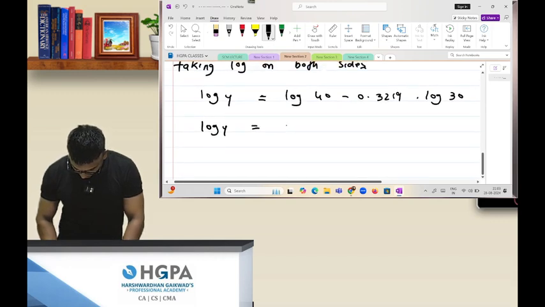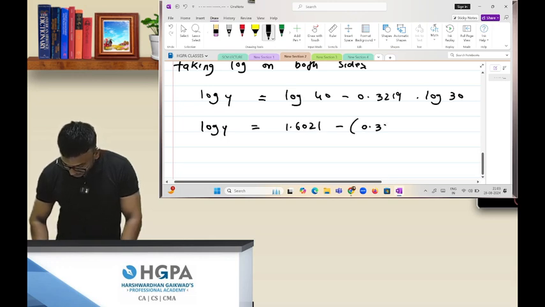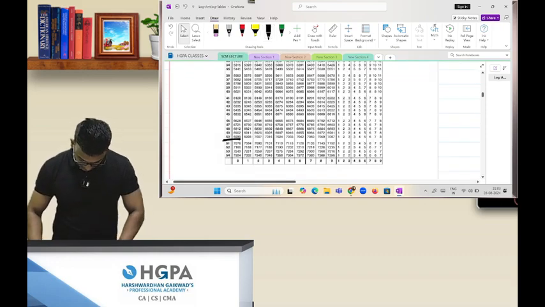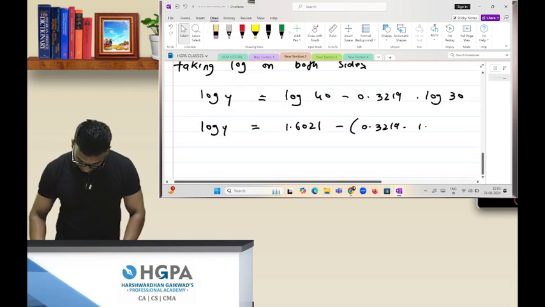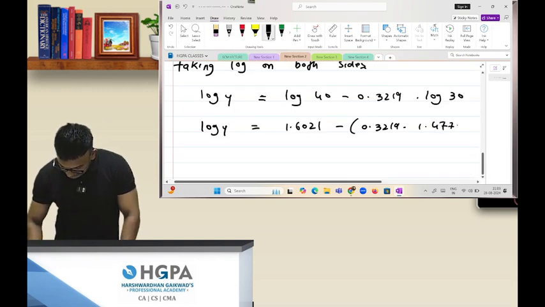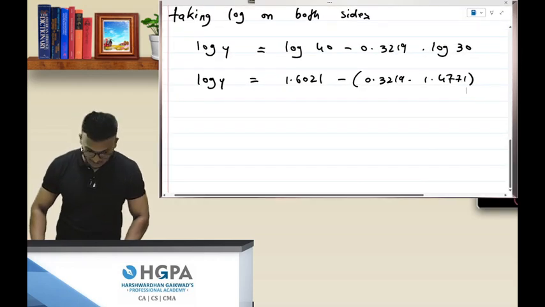So it will be 1.6021 minus 0.3219 into log 30. Log 30 is 1.4771. We'll solve this. I think we'll get the answer.